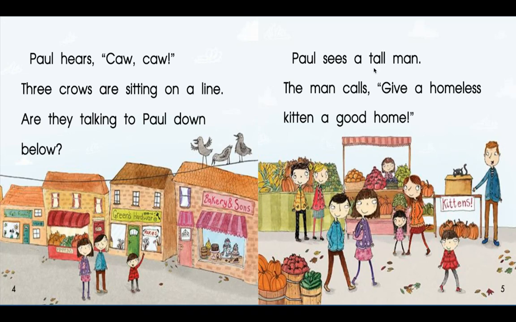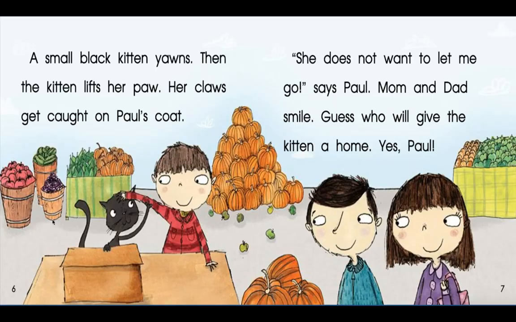Paul sees a tall man. The man calls, give a homeless kitten a good home. A small black kitten yawns. Then the kitten lifts her paw. Her claws get caught on Paul's coat.